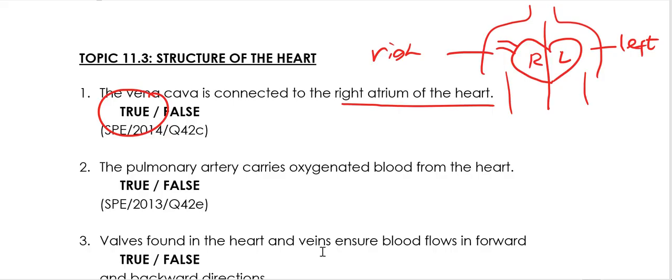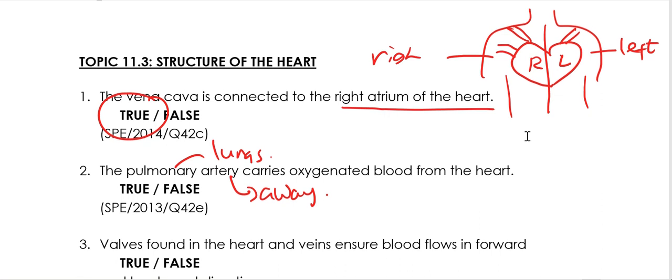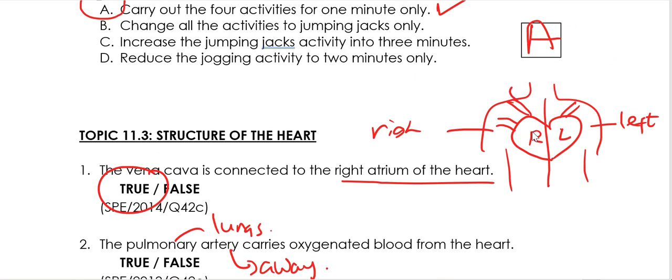So let's get back to that sheet. It is correct. Pulmonary artery. So pulmonary always refers to the lungs, and artery, remember, carries blood away from the heart. So right here, you have two arteries that carry the blood towards the lungs.